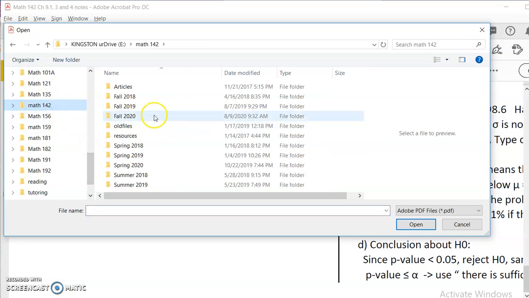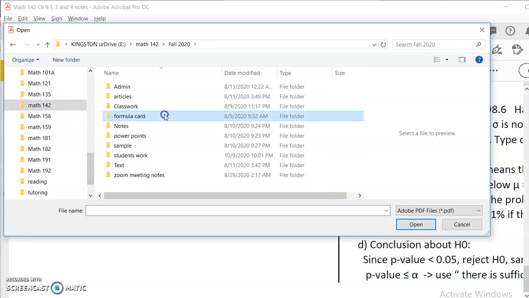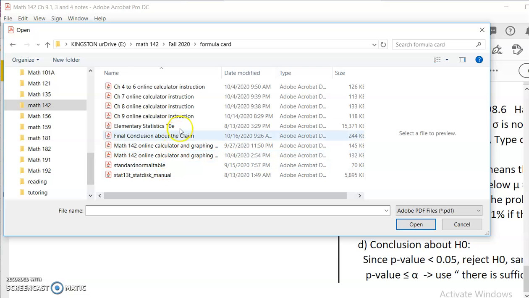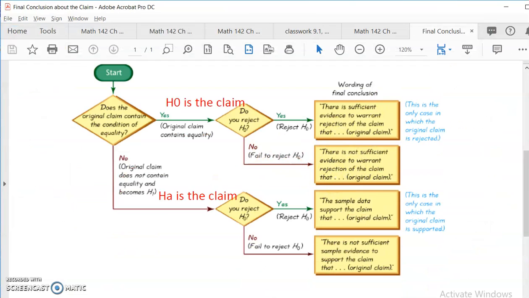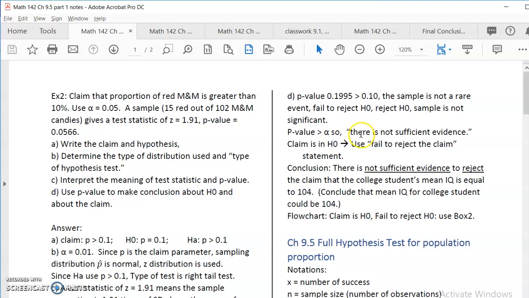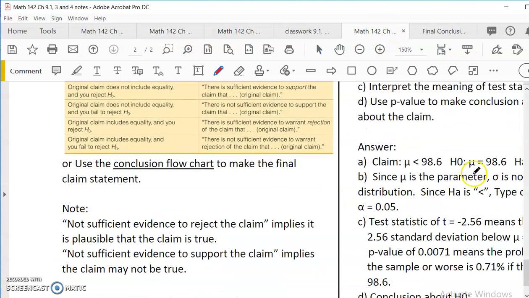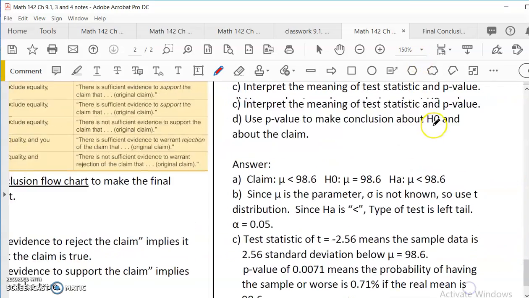There are multiple ways of making the conclusion. Some people like the flow chart, some people can just use the wording, perfectly okay. So this is the flow chart, you can use this to make the conclusion also. Let's go back and continue with some examples.